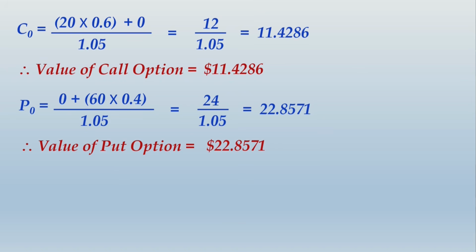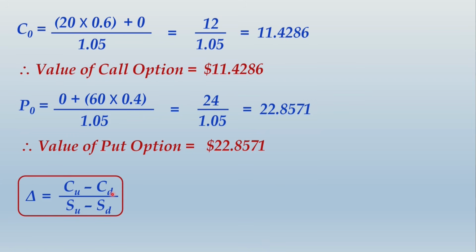Next is about the delta of the option. As we know, delta of call can be computed by taking CU minus CD divided by SU minus SD. What is CU? CU is the value of call when the price goes up, that is 20, and CD is the value of call when the price goes down, that is 0. And SU and SD we have already defined initially, these were 200 and 120.